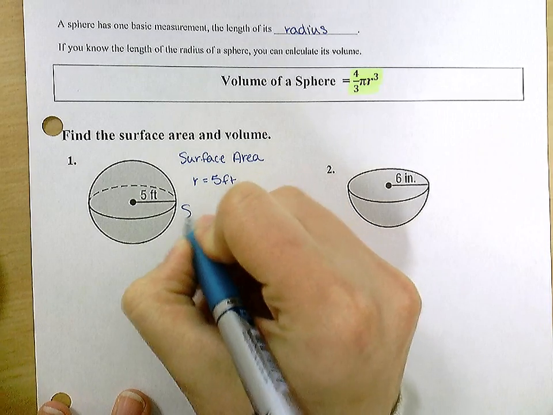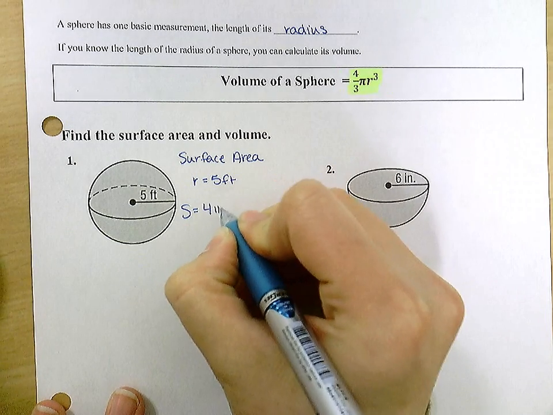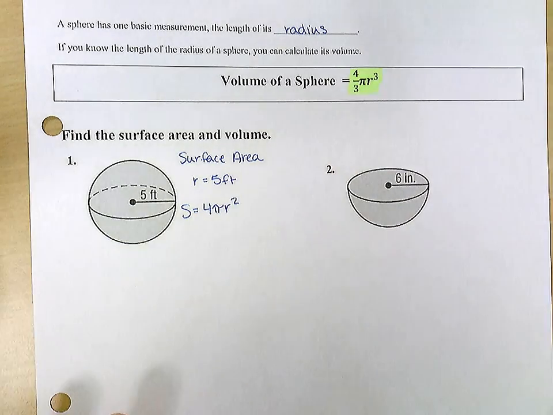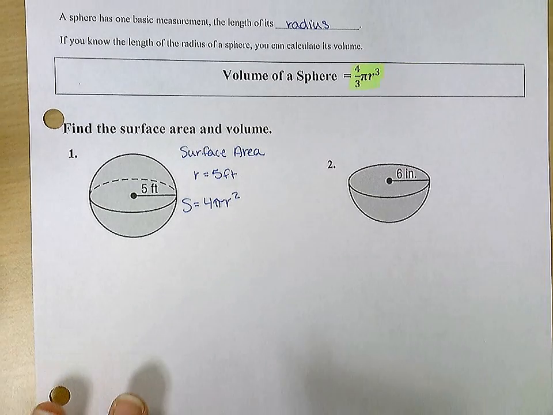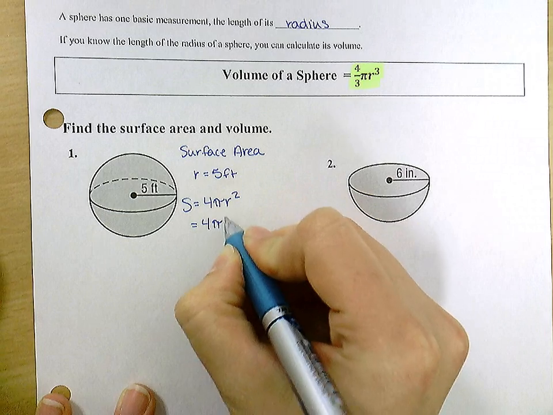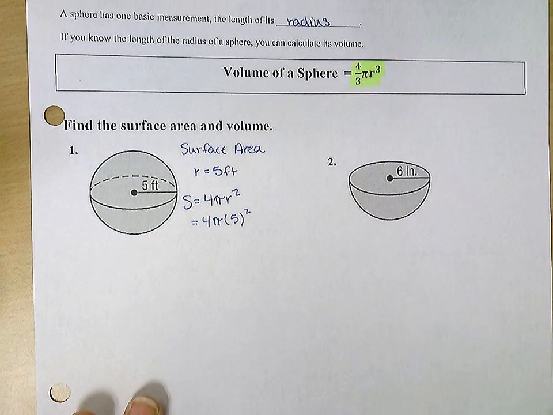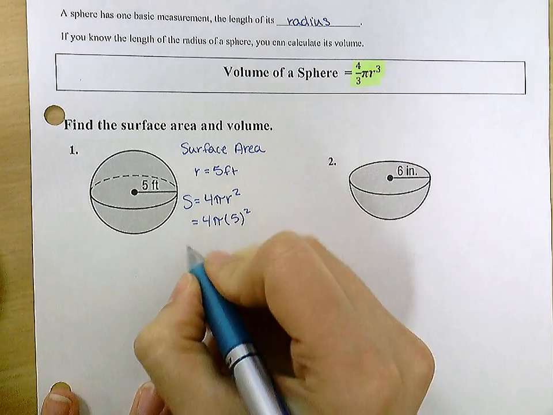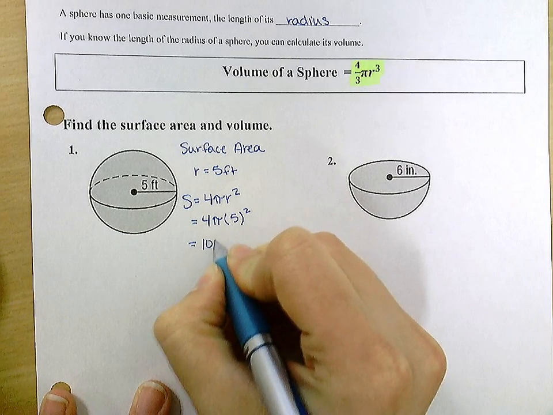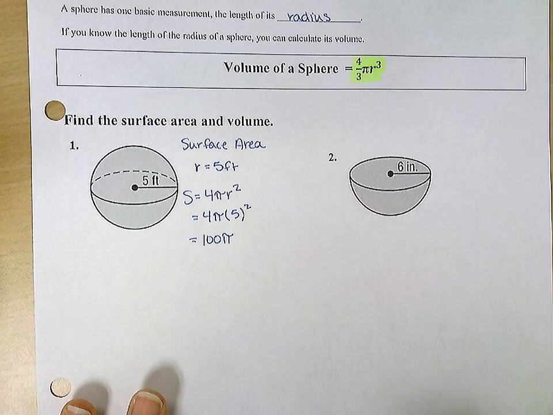To find the surface area, our formula is 4 pi r squared. I just need to plug in 5 for r. So we have 4 pi times 5 squared. Now 5 squared is 25, and 25 times 4 is 100. If you want to leave pi, your answer would be 100 pi.